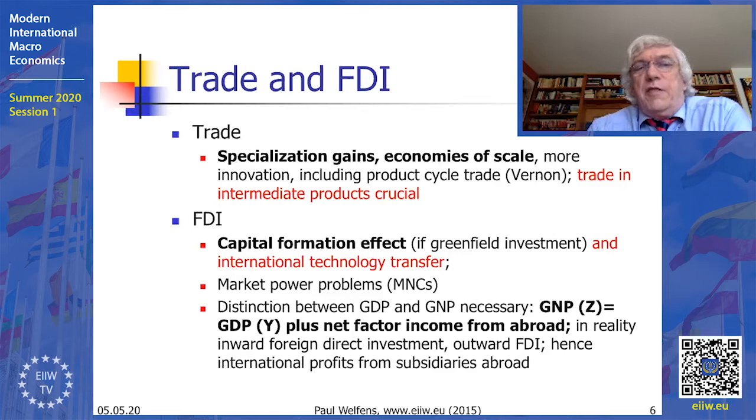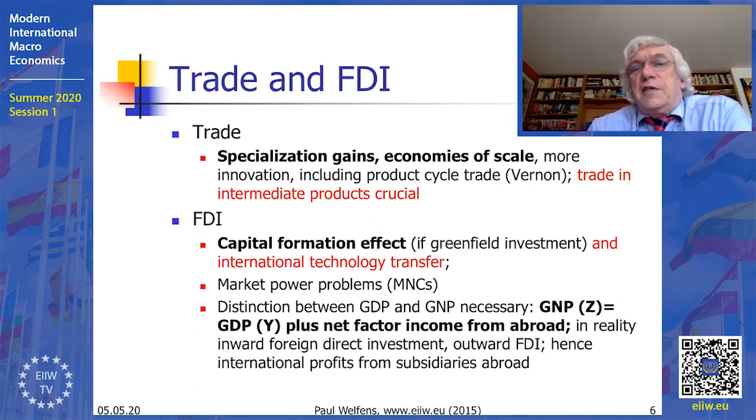So if you have product innovations in the tradable sector, then in the early stage of the product cycle, Vernon would argue, we have the production in the US, in country one. And then, of course, after a few weeks or months, exports will start. So the domestic market is served first, then come the exports to all countries in the world.